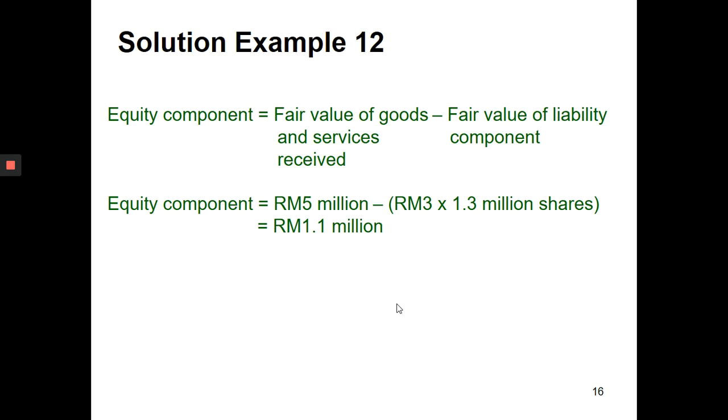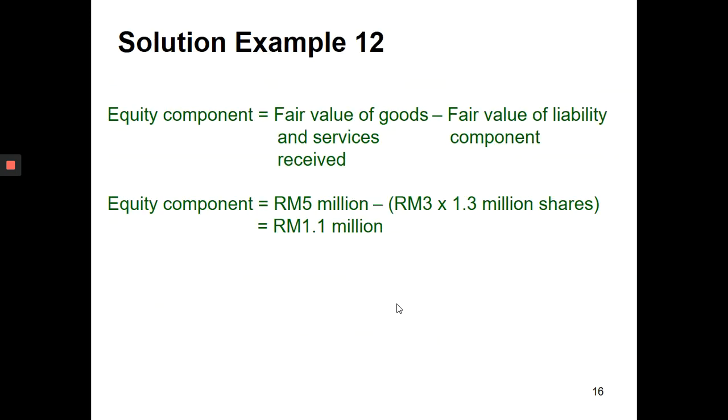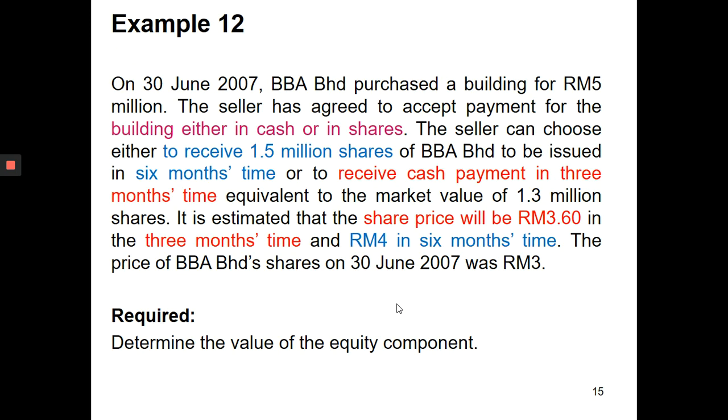What is the fair value of goods and services? It is 5 million, the price of the building. And then we have the fair value of the liability component. This one we know because the liability component is the cash payment. So it is 1 ringgit and 3 million.